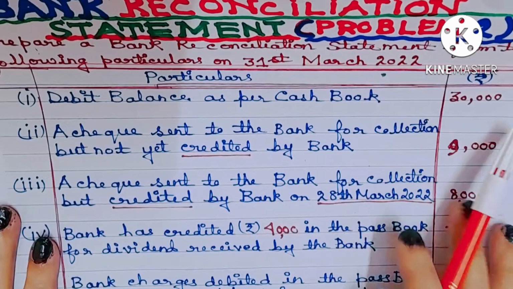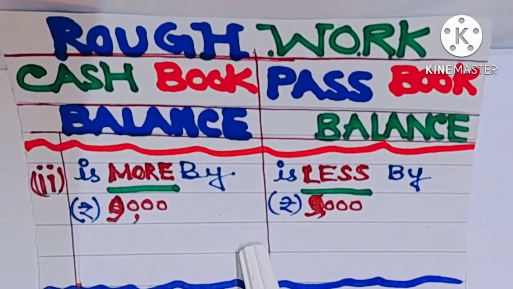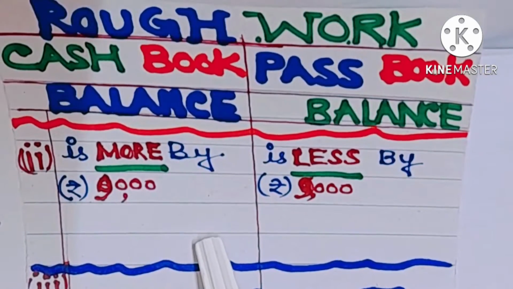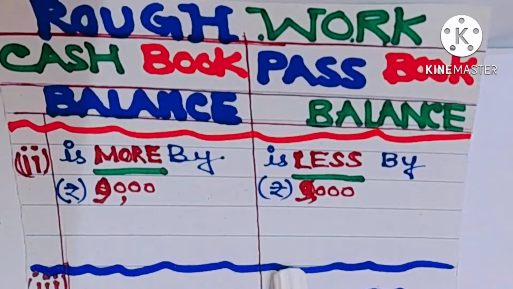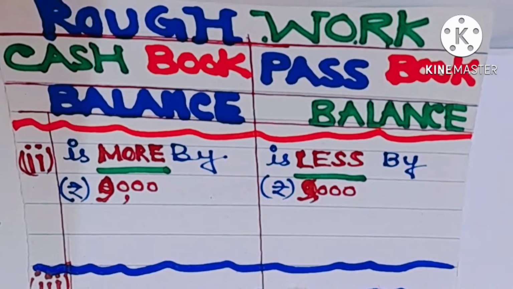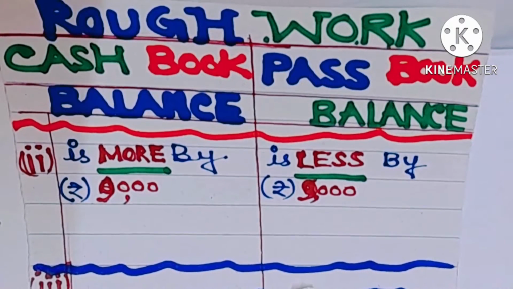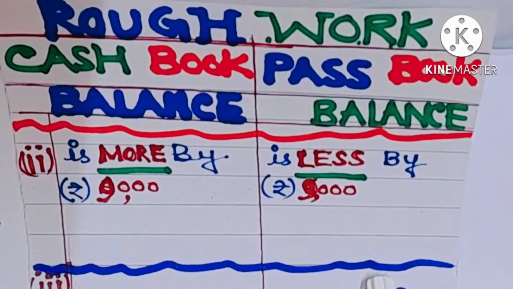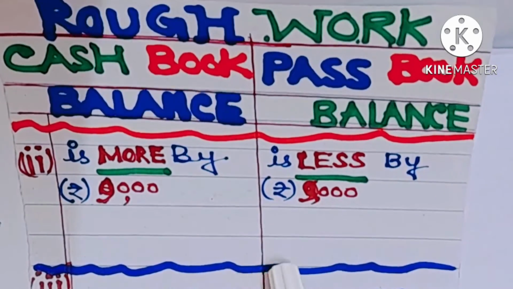Okay? Now let's do it in rough work. Please remember, when a businessman deposits a check or sends a check to the bank for collection, the businessman immediately enters the amount, rupees 9,000, on the debit side in the bank column of his cash book, or on the receipt side of his cash book. Debit side means receipt side.